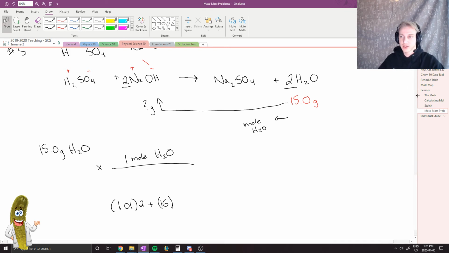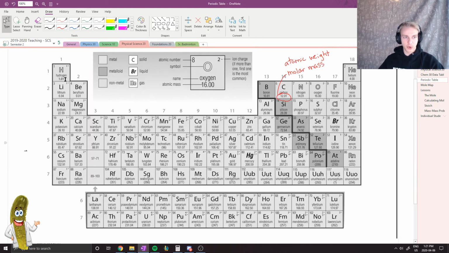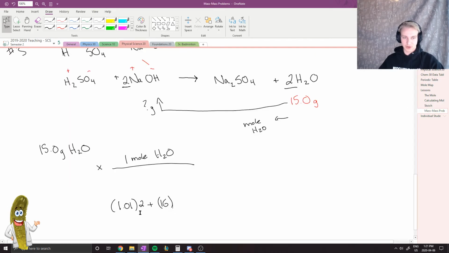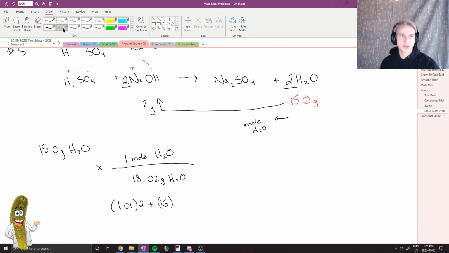I'll show you the periodic table to show where those numbers are coming from. 1.01 grams of hydrogen, 16 grams of oxygen, and I knew that I had 2 hydrogens. So we know that this total down here is going to be 18.02 grams of H2O. And what that allows me to do is cancel out my grams of H2O, and I'm left with just moles of H2O.